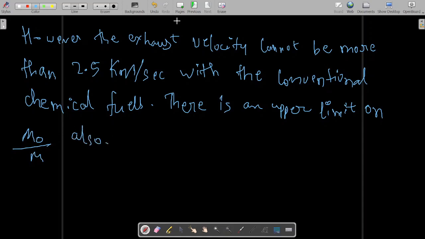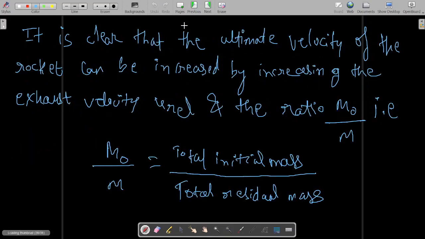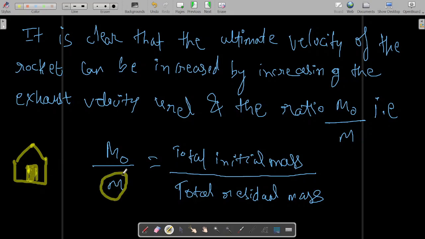So how will there be an upper limit on m naught over m? Suppose you want to keep the fuel to be very heavy. Suppose there is fuel filled inside this. After burning of the fuel, this is the mass after burning of fuel, and before burning of fuel, along with fuel, this is the mass. So this is total initial mass and this is total residual mass.